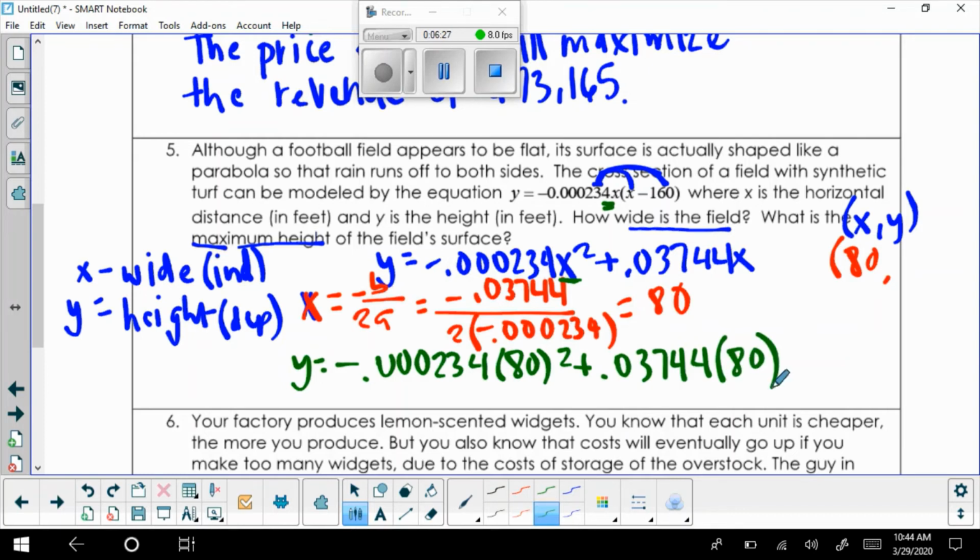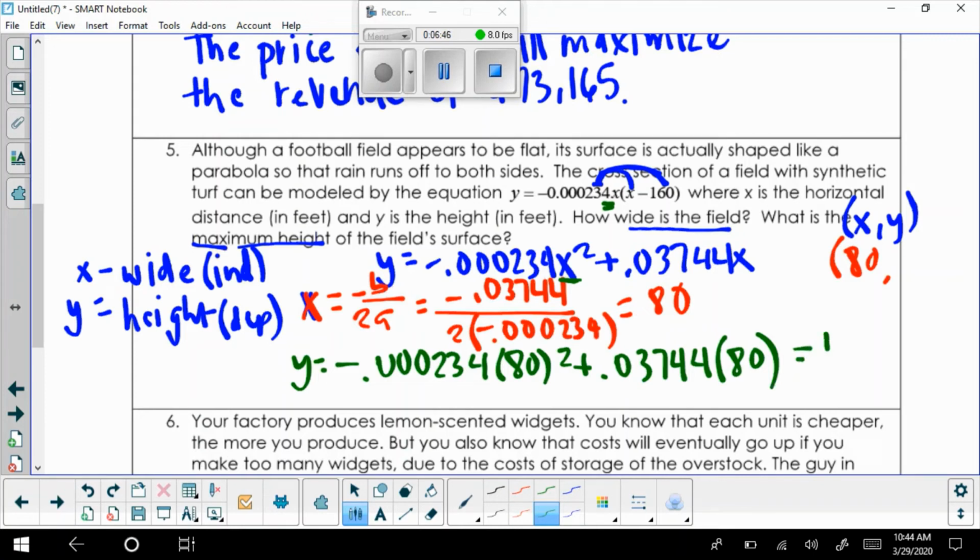All right, let's type that whole thing in our calculator. So negative 0.000234 times 80 squared plus 0.03744 times 80.